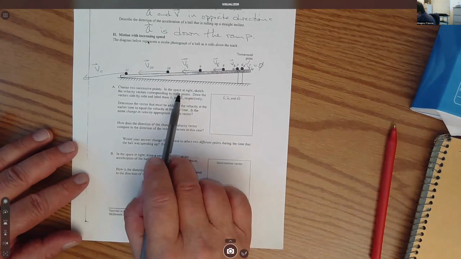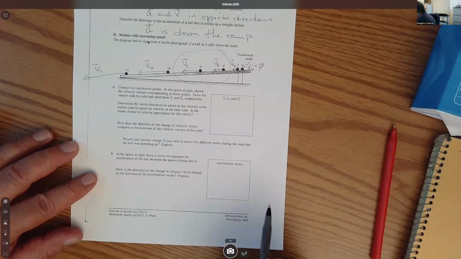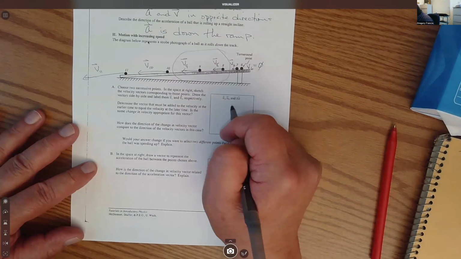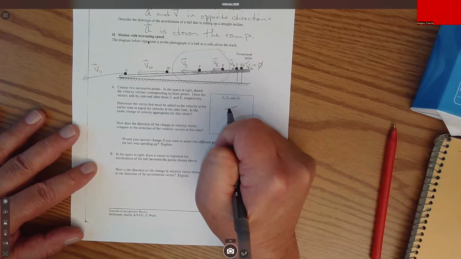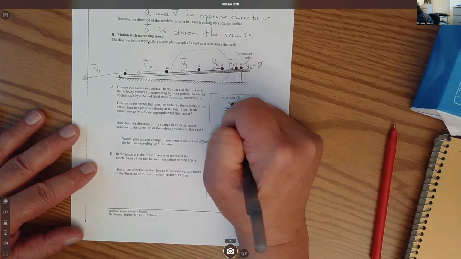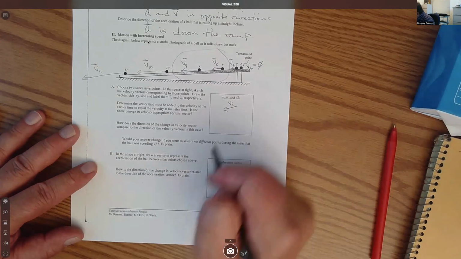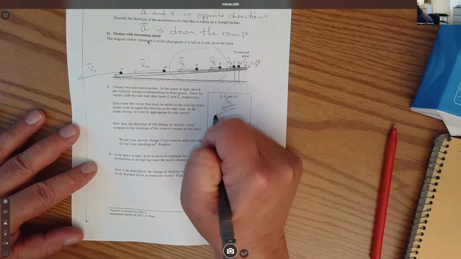Now, if I take 2 points, let's take 8 and 9 here. My initial would be V8, and it's down the ramp, and my final would be V9, and it's also down the ramp, but longer.